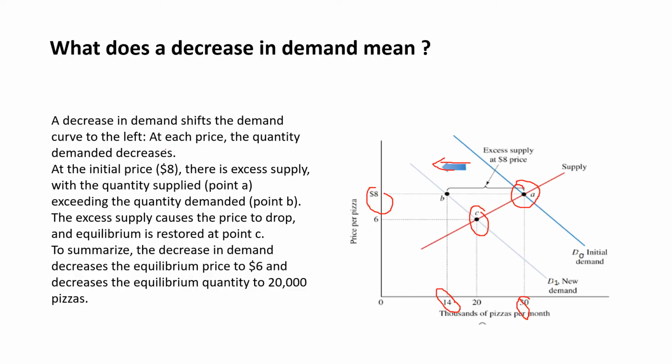Now the equilibrium price is 6. Previously, the equilibrium quantity was 30. Now the equilibrium quantity is 20. So to summarize, the decrease in the demand decreased the equilibrium price to 6 and decreased the equilibrium quantity to 20,000 pizzas.